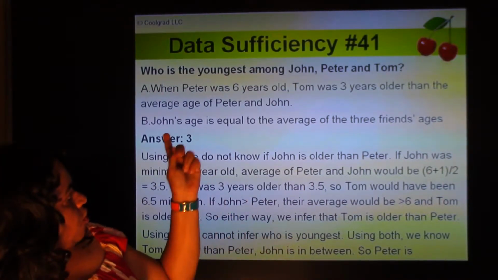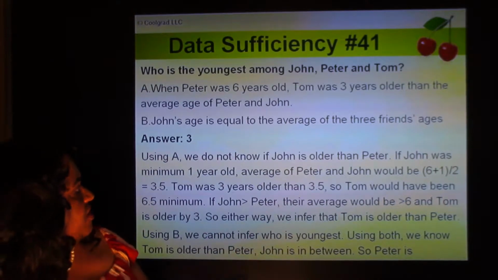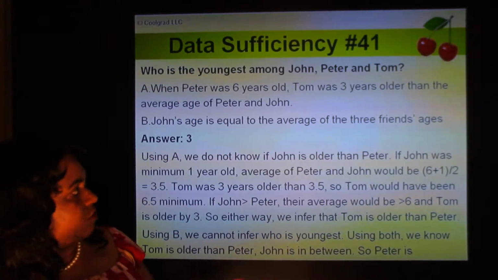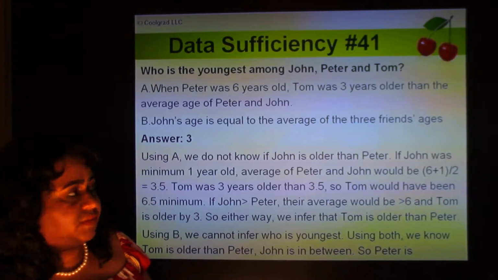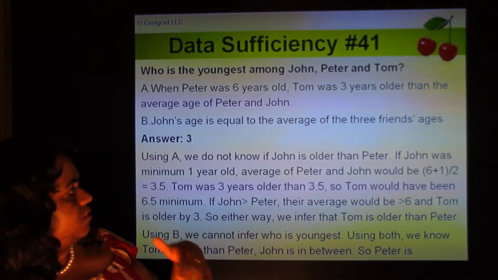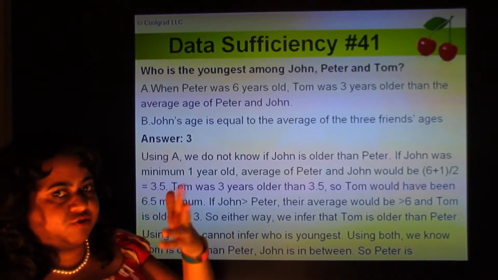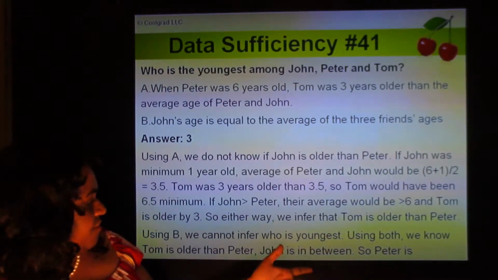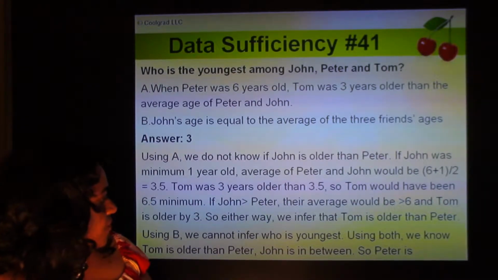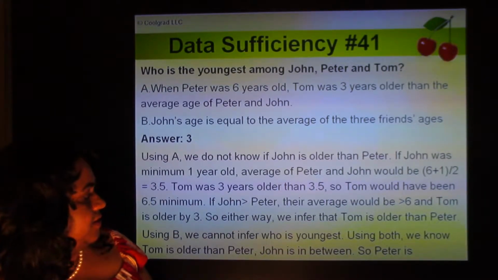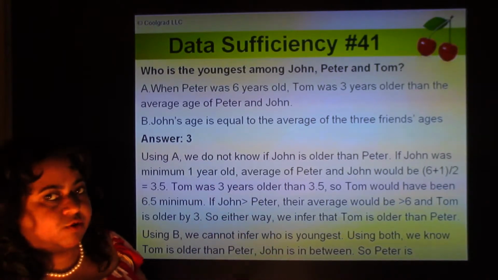So John's age is equal to the average of the 3 friends' ages. So it's possible that all 3 of them are of the same age, or it's possible that Tom is older, Peter is younger, or Peter is older, Tom is younger. Either of them is possible. So we still can't infer. So either statement alone is not enough.